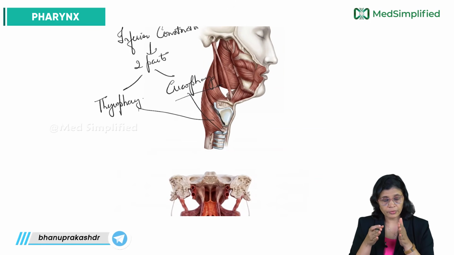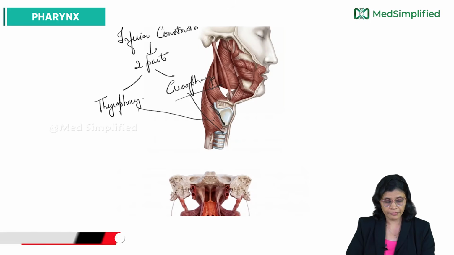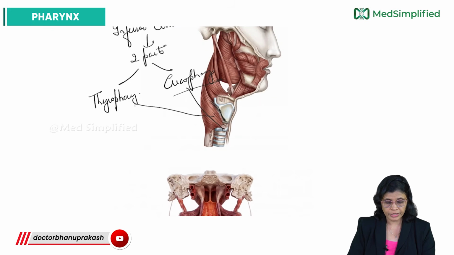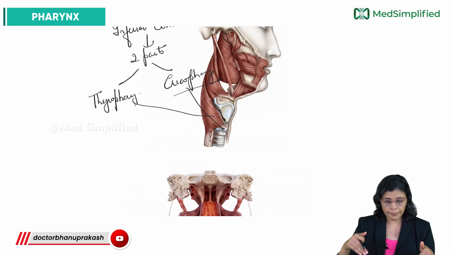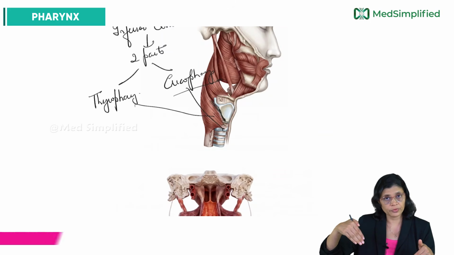Here what you have to understand is the fibers of the thyropharyngeus run backwards and get inserted into the pharyngeal raphe. Whereas the fibers of the cricopharyngeus are horizontal in direction and surround the upper end of the esophagus, and they are continuous with the similar fibers from the opposite side.